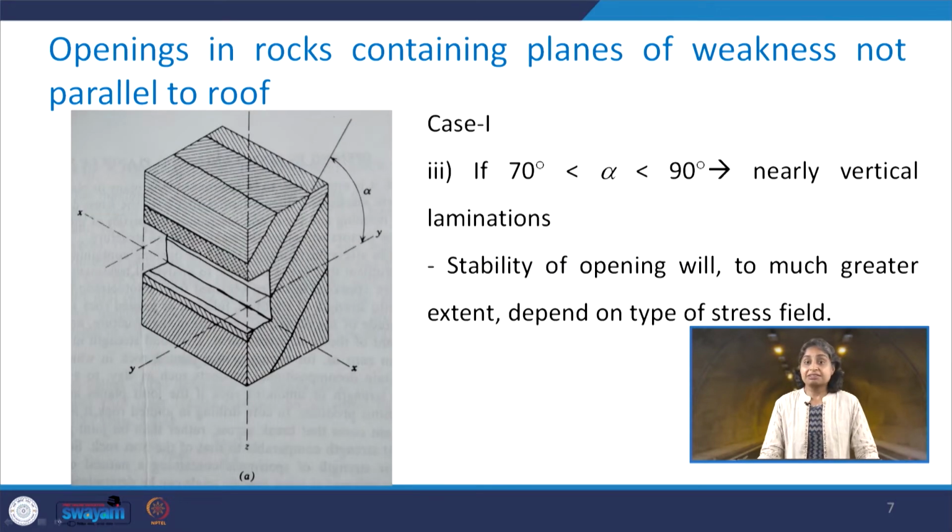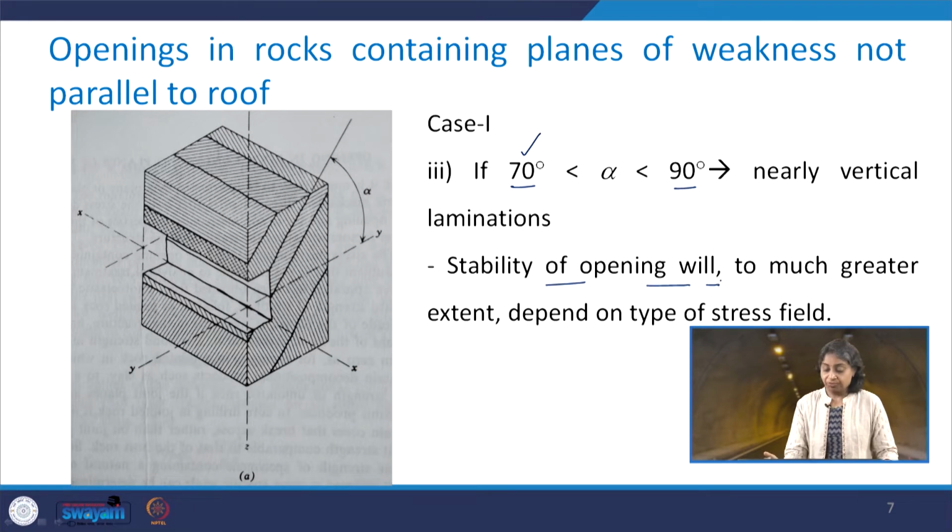In the case when alpha becomes even larger than 70 degrees, that means it varies between 70 degrees and 90 degrees, we can say that these laminations are almost vertical. So in that case, the stability of the opening will depend upon the type of the stress field to a much larger extent.